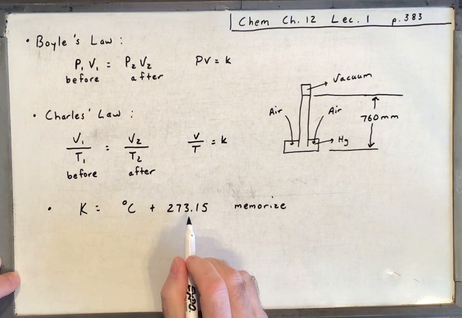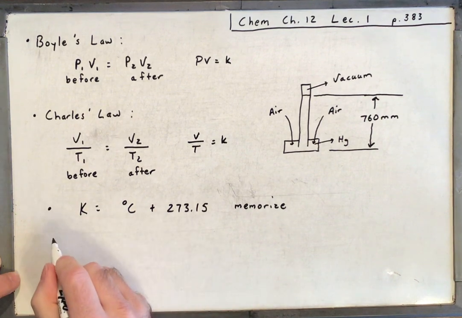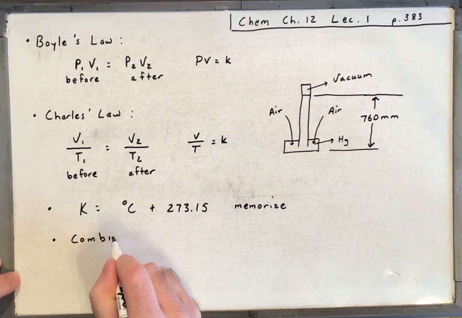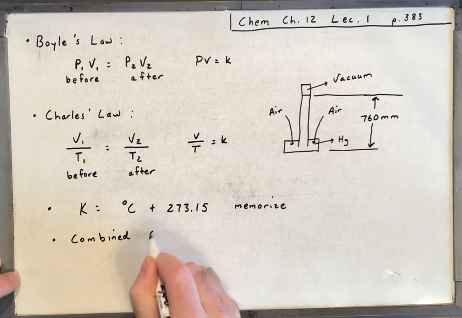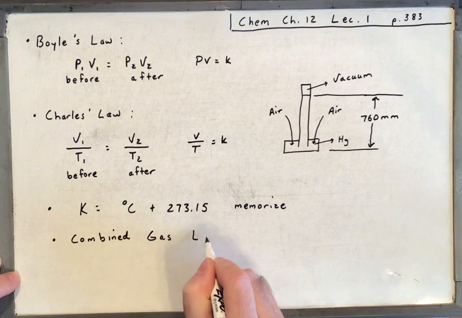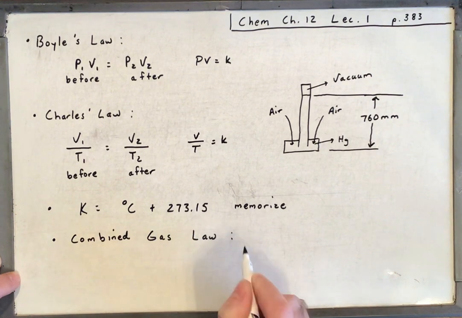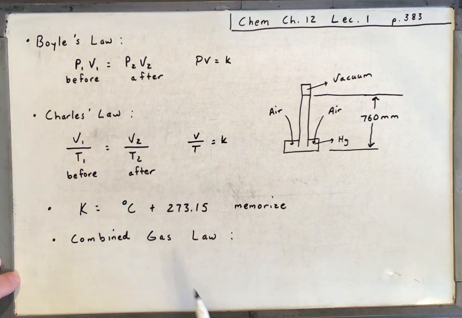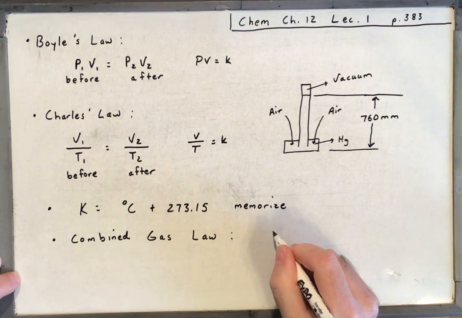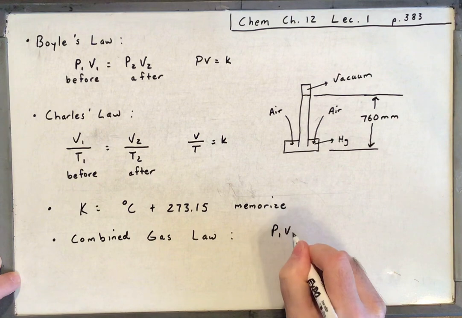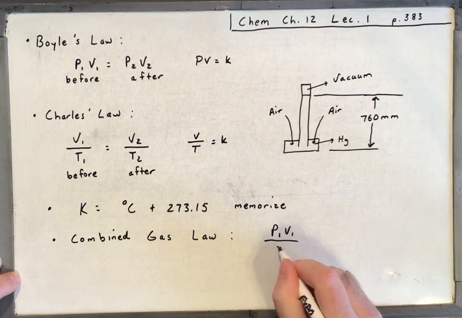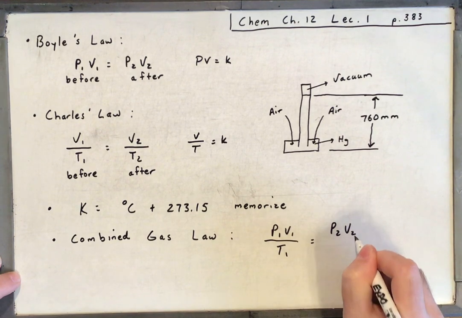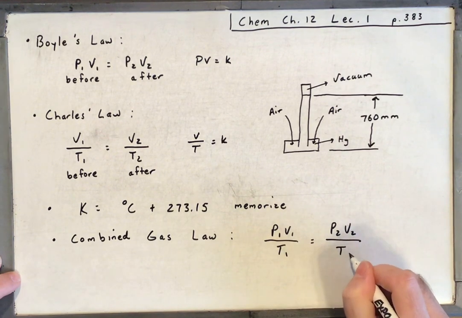So the combined gas law is going to be the equation that we're going to utilize in this chapter. If you combine Boyle's law and Charles's law, we have this equation: P1V1 over T1 is equal to P2V2 over T2.